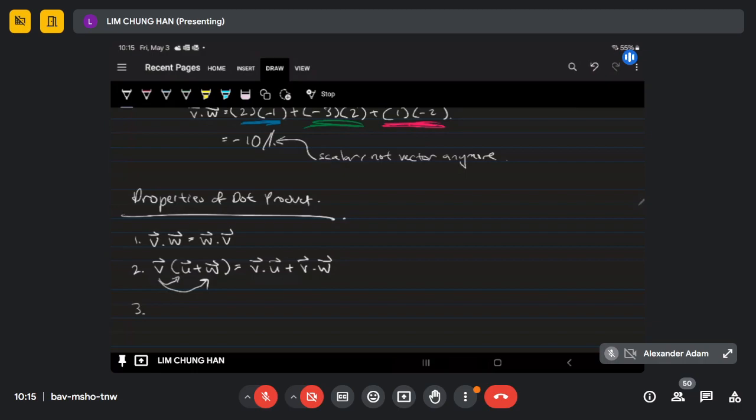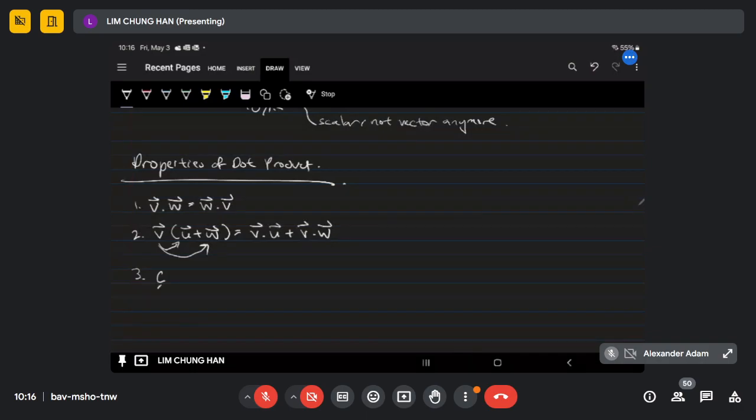So the third rule is if I take any scalar, c is a scalar, any number, multiplied by a vector, and then you dot product the thing with another vector, what you get is the same answer as if you do the dot product first and then multiply by the scalar.